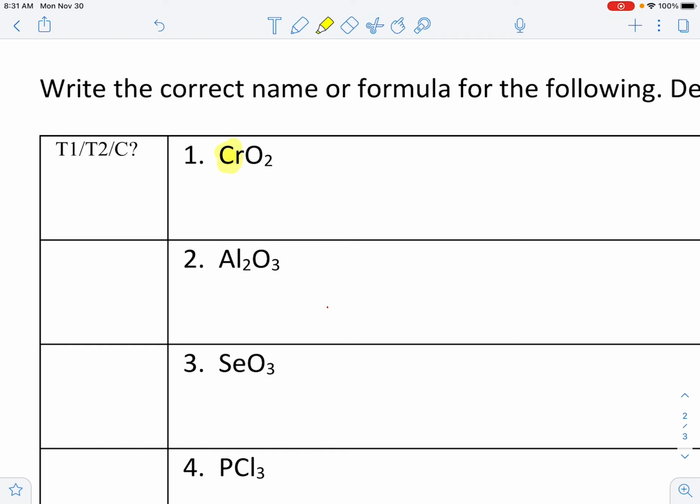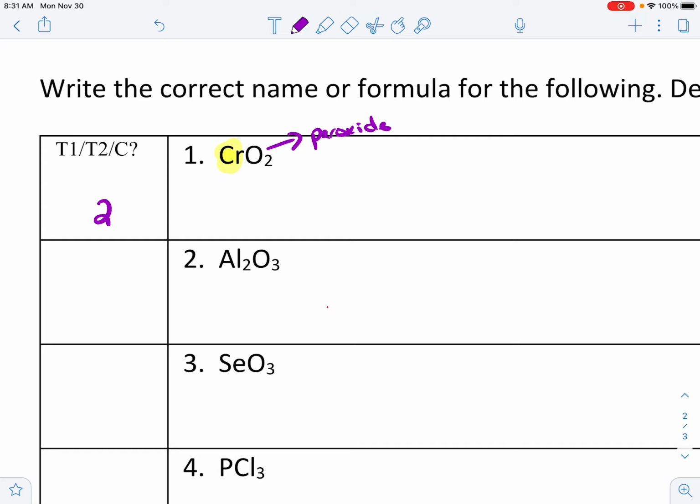So we see Cr, we look to our periodic table, it is colored in the type 2 color. Does everybody agree with that? So this would be type 2, which means we have to name it via Roman numerals, which means we have to figure out its charge. Now, unfortunately, we're starting off with kind of a tricky one. O2 can be found up top, and it is peroxide. When we see O2 with a metal, we need to think peroxide.